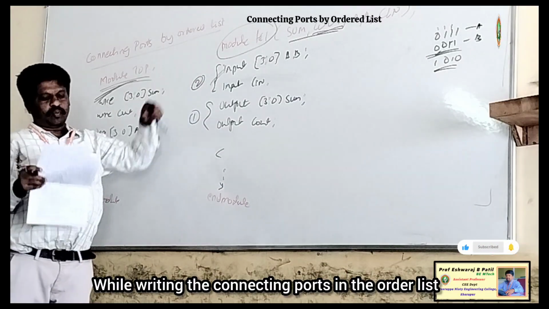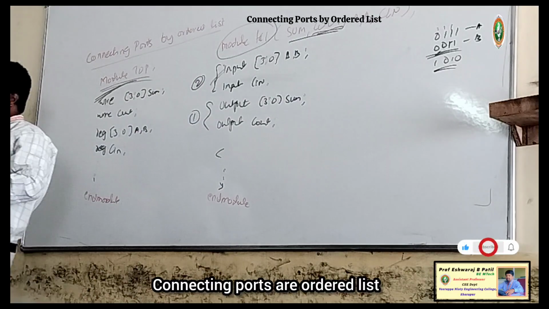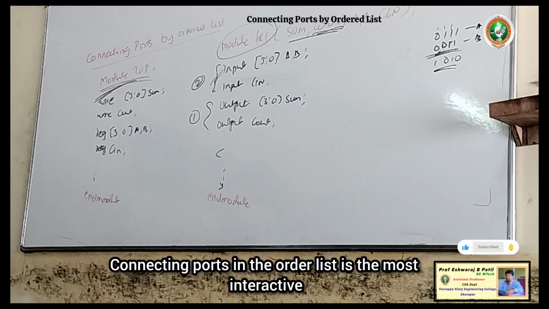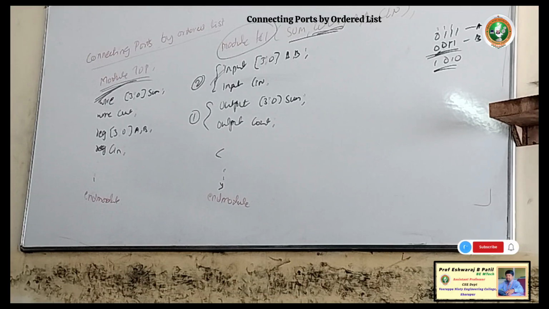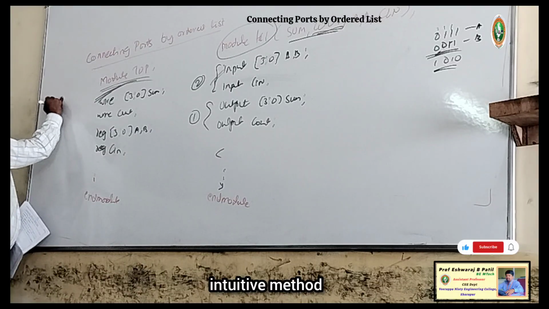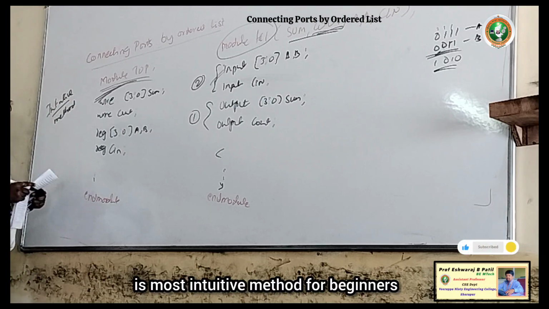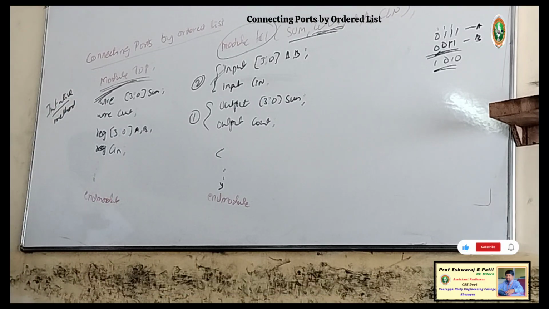While writing the connecting ports in the order list, connecting ports in the order list is the most intuitive method for beginners.